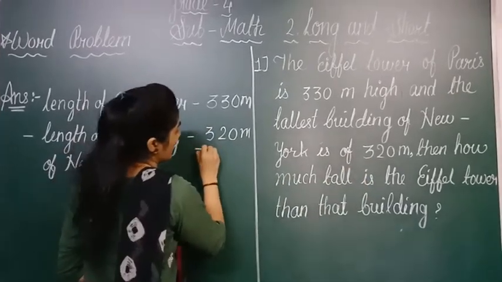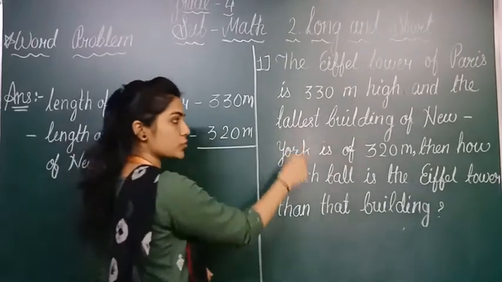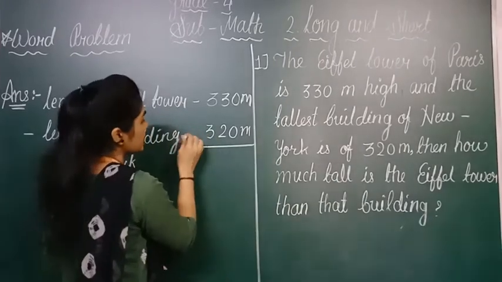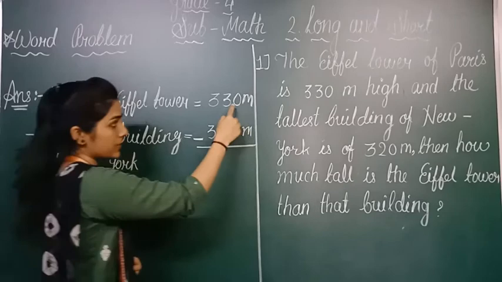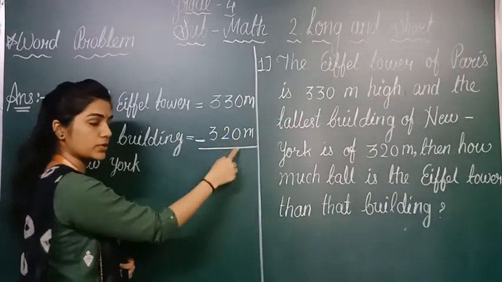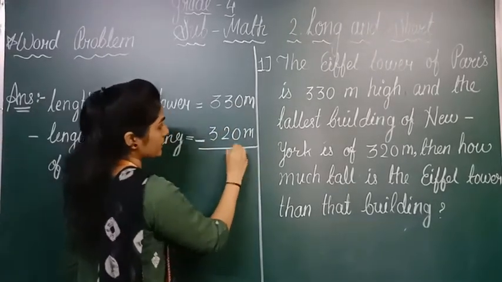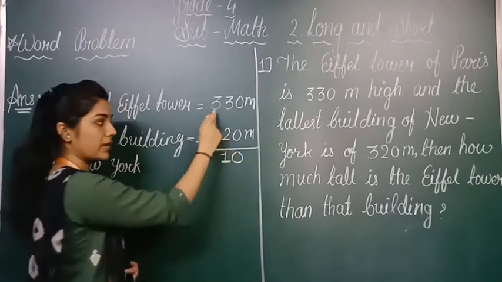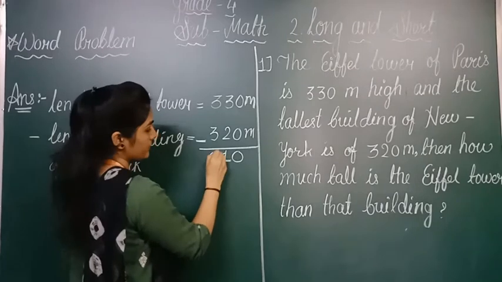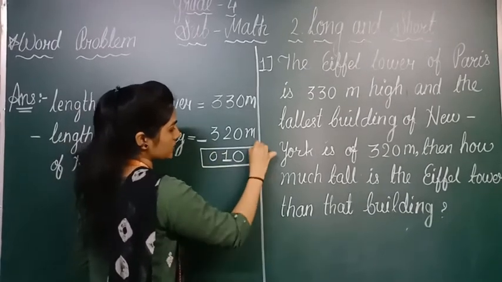So we need to find the difference between these two buildings. So we will do subtraction here, right? Now in subtraction, 0 minus 0, 0, 3 minus 2, 1, and 3 minus 3, 0. That means we got our answer 10.